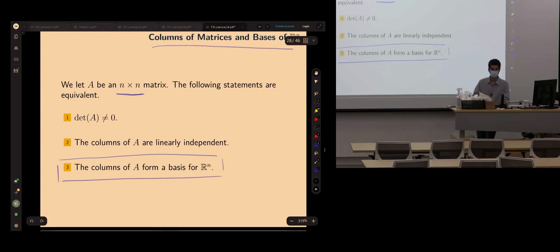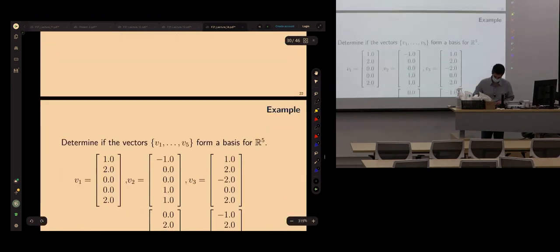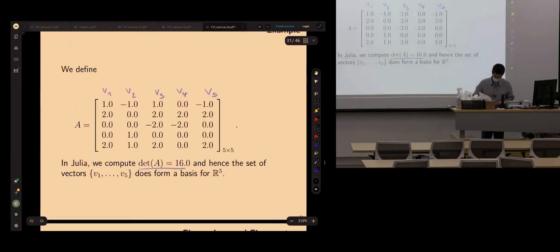And you cannot have 3 basis vectors in a 2D space, right? That's just not possible. The biggest subspace is the space itself. Okay, so this is a more specific point that I'm making here.